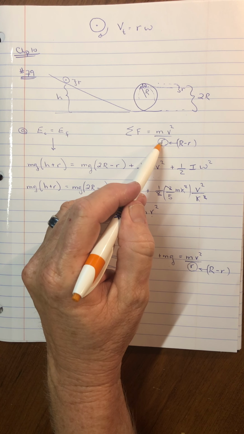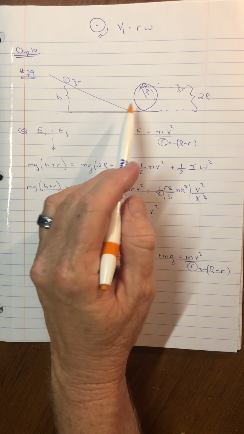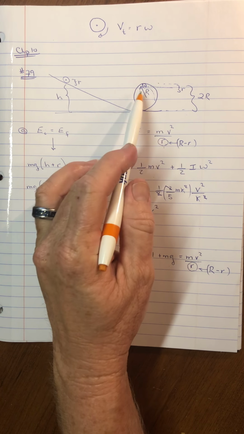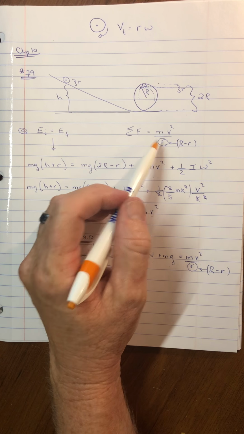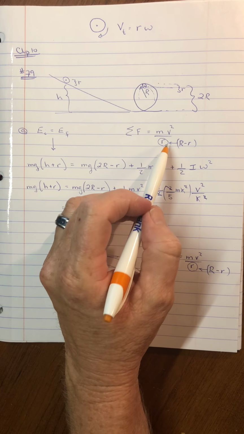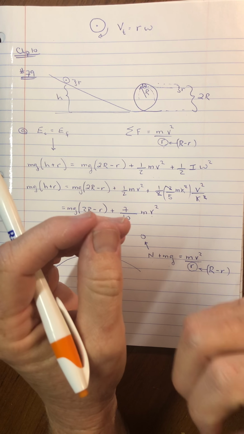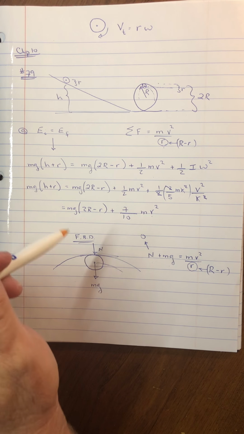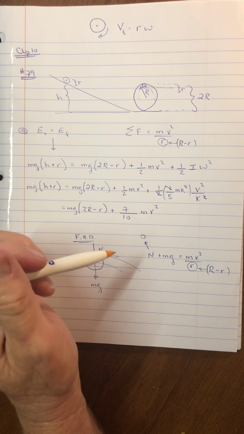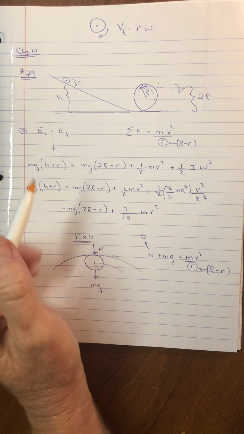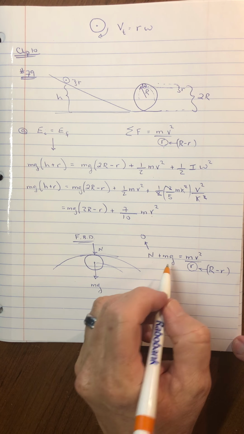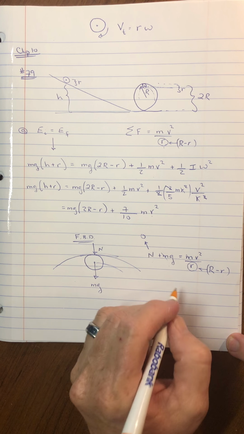This is the radius of the circle. And so it's not the little r, it's not the radius of the ball. It's not even the capital R, it's not the radius of the loop, because the center of mass of the ball is going around a circle that is a little bit smaller than the radius of the loop.